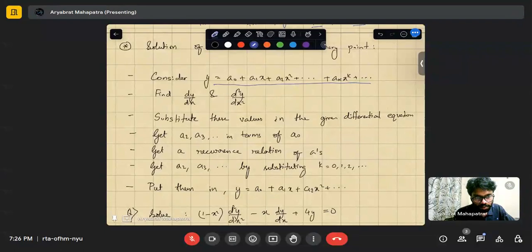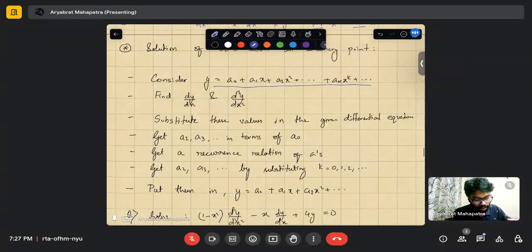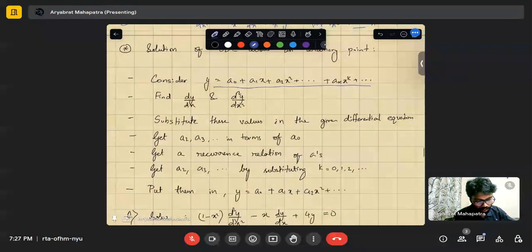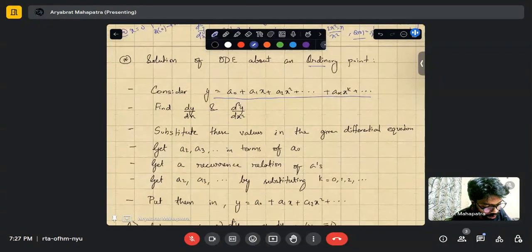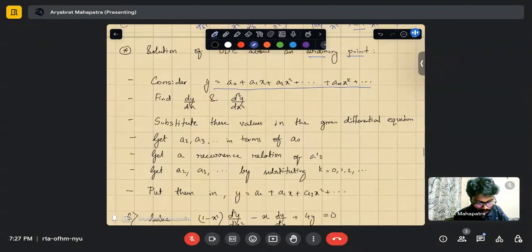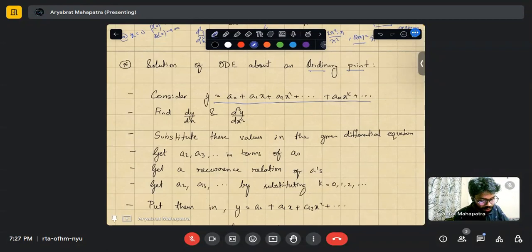The idea is to solve those differential equations when p and q are some analytic functions. That is, there exists some ordinary point for P and Q. The process is to follow these steps. First, you assume an answer again of this form. That is, y is some form of series expansion. I can write for k going from 0 to infinity, a k x to the power k.